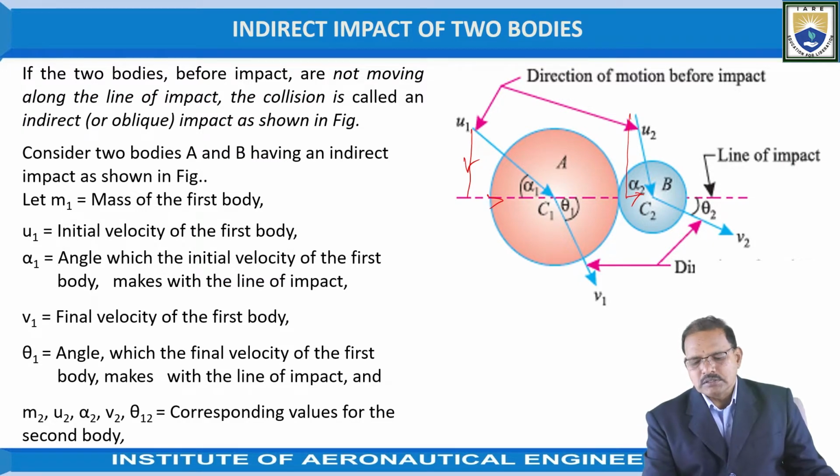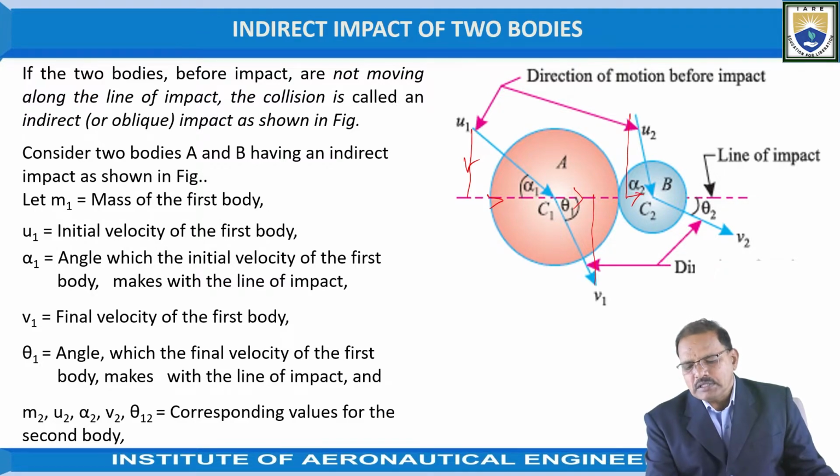After the collision, the bodies move with velocities v1 and v2. The component of velocity along the line of impact after the collision for the first body is obtained by again resolving v1 into two components. The line of impact component is v1 cos theta 1.